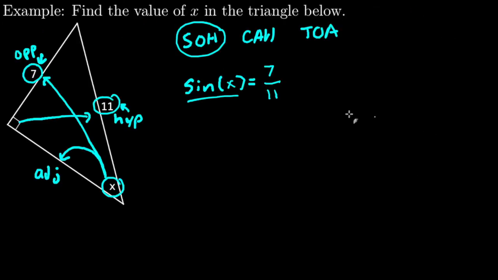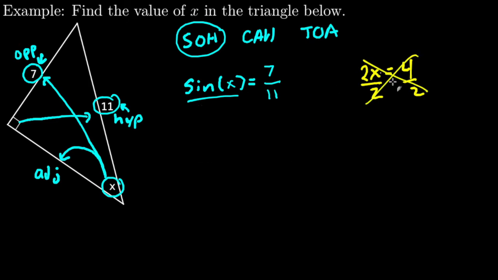Well, if I go back here, I want to get rid of the sine. A common idea that students who are understanding the basics of algebra come at this with is to say, okay, well, I see sine of x. If I had 2x equals 4, I just divide both sides by 2. So why don't I divide both sides by sine?